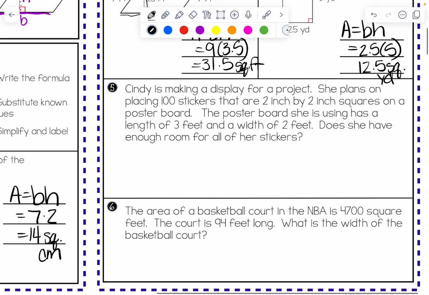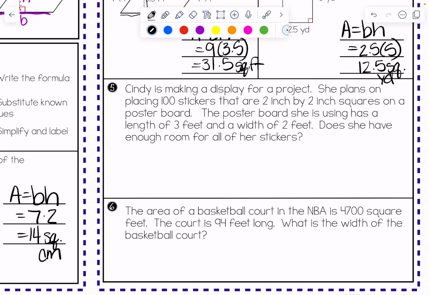All right, number 5, we have a word problem. The first step to a word problem is to read it. So Cindy is making a display for a project. She plans on placing 100 stickers that are 2-inch by 2-inch squares on a poster board. The poster board she's using has a length of 3 feet and a width of 2 feet. Does she have enough room for all of her stickers?